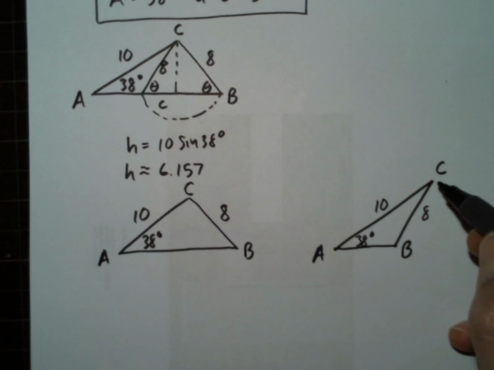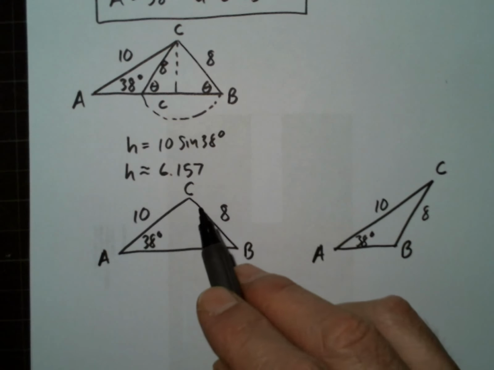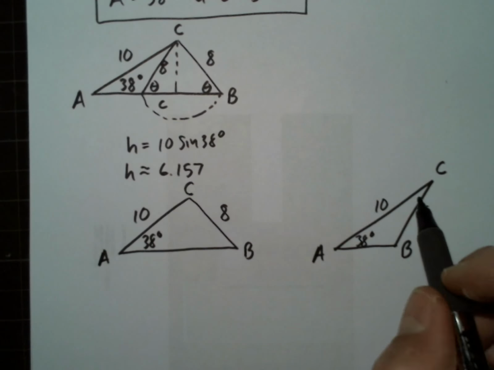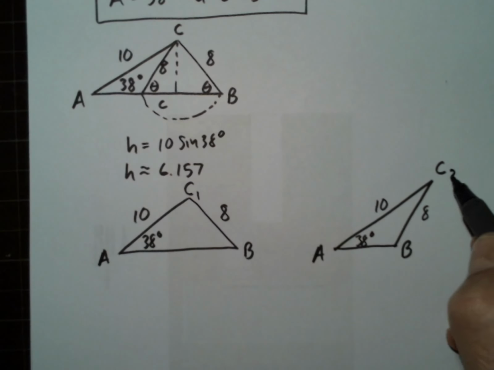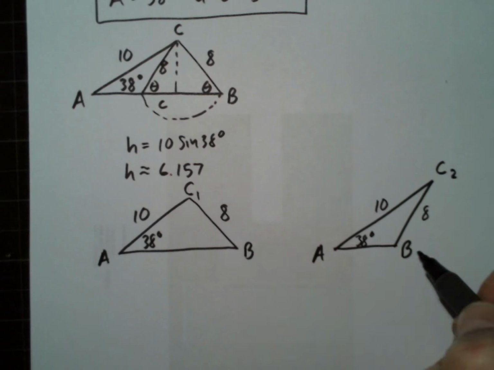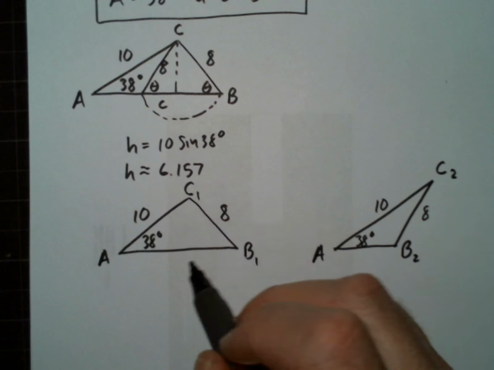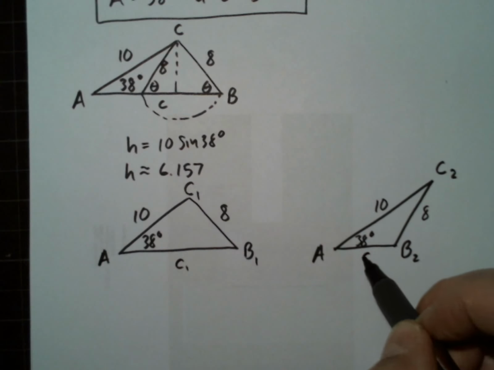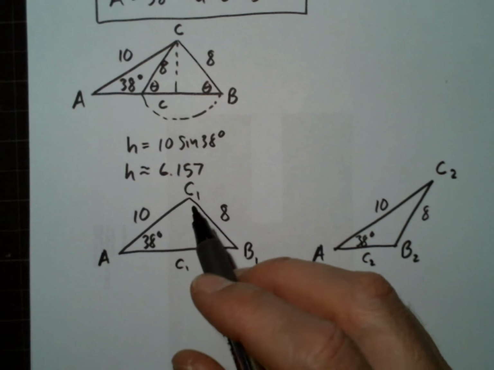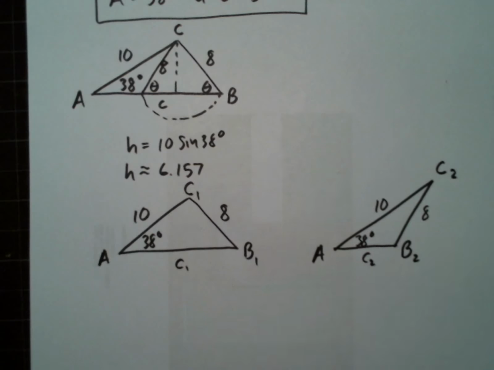Now, this C is different. This angle C is a different measure than this angle C, so let's call them C1 and C2. This angle B is different from this angle B, and that's B1 and B2. And this side c is different from this side c, so that'll be c1 and c2. That's lowercase c. Uppercase C is for the angle.